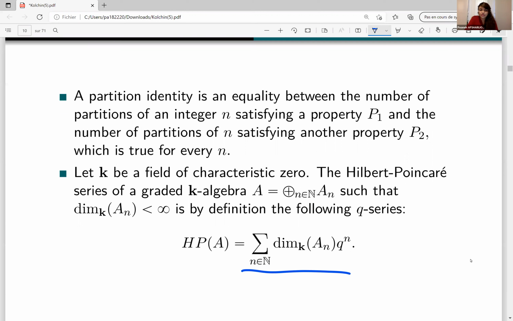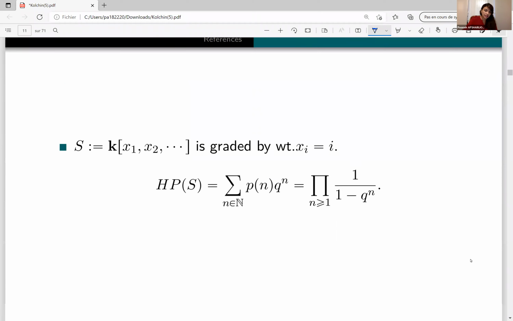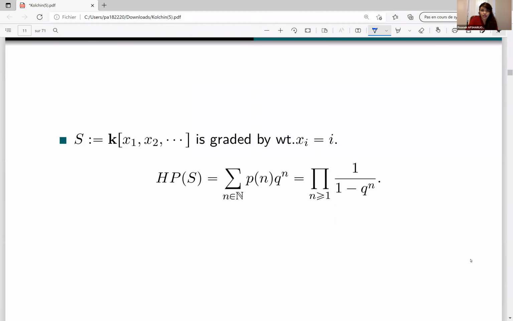Maybe the first relation that we can see between the Hilbert-Poincaré series of graded algebras and the generating series of partitions is where we take S as k[x1, x2, and so on], which is graded by weight of x_i equal to i. Then we can see that the Hilbert-Poincaré series of S is equal to the generating series of p(n), which is equal to this infinite product.